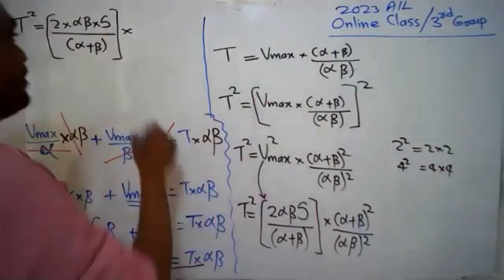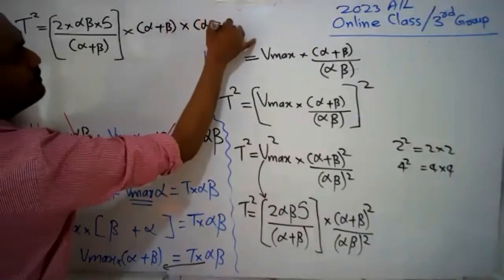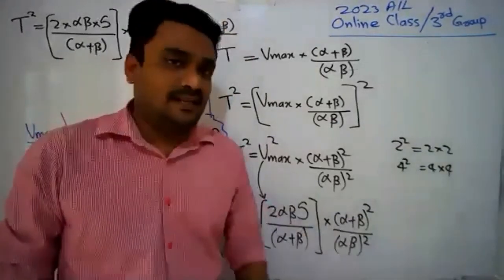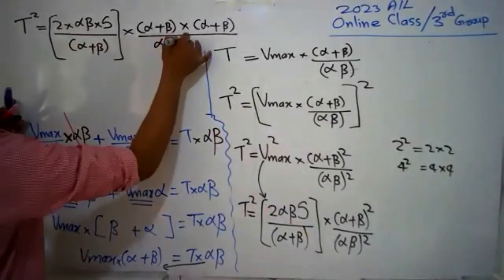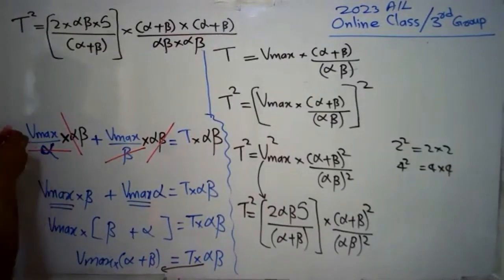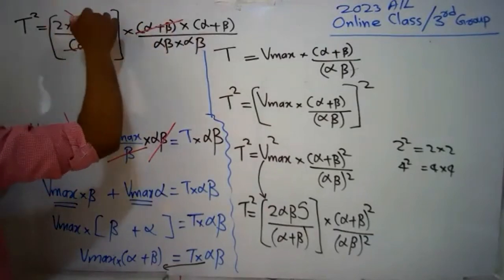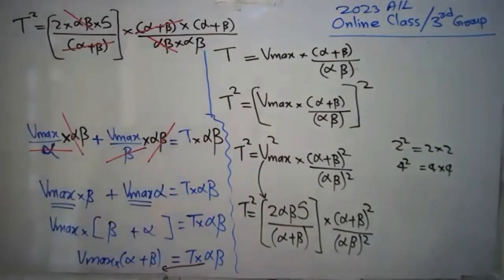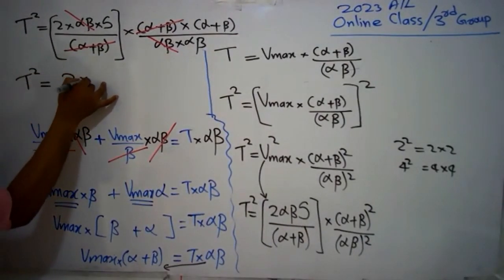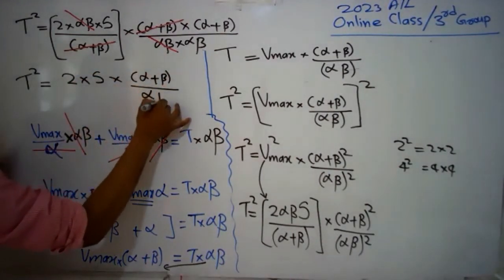Similarly, alpha plus beta square means alpha plus beta into alpha plus beta, divided by alpha beta square, that is alpha beta into alpha beta. Now we can cancel out similar terms. Alpha beta to alpha beta, alpha plus beta to alpha plus beta, alpha beta to alpha beta cancelled out. So the remaining terms will be T square equals 2 into S into alpha plus beta divided by alpha beta.